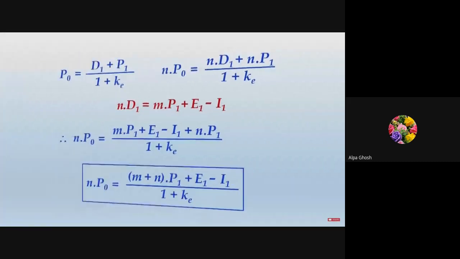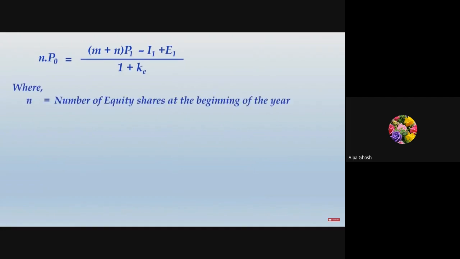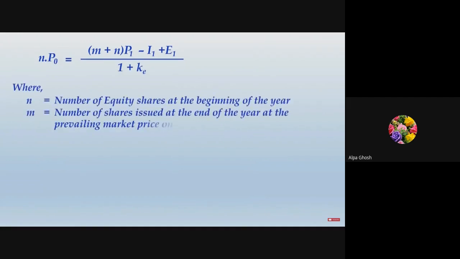Let me take you ahead and write up this formula to prove one thing, that whether it is case 1 or case 2, we are not going to have any difference in the formula.